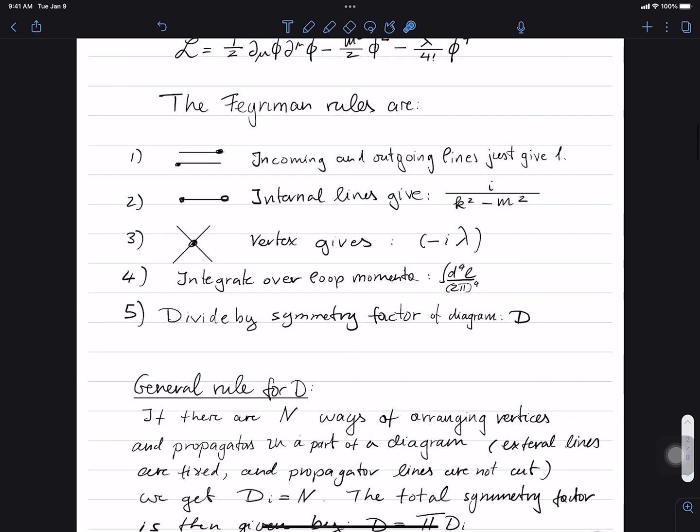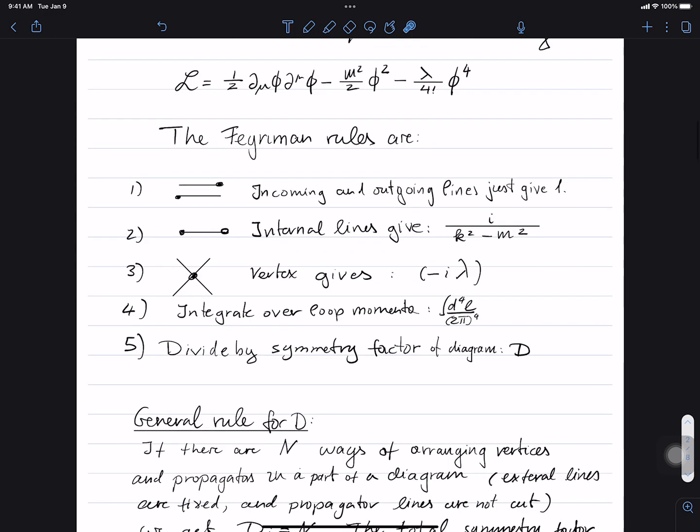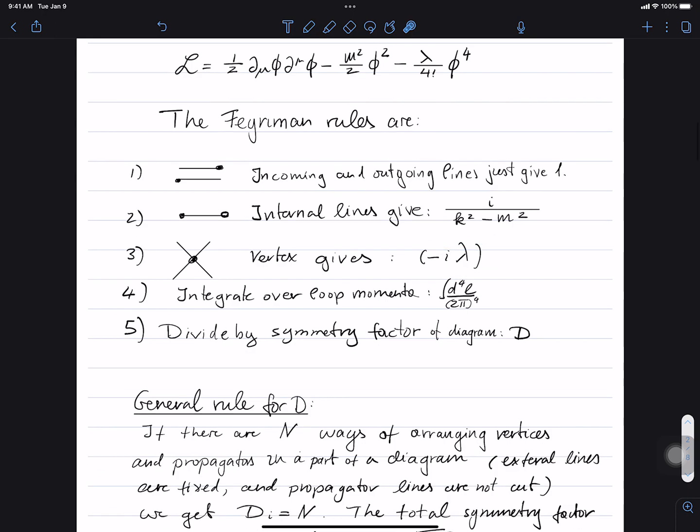The vertex gives the expected negative i lambda, where lambda is the coupling strength, and the fact that one can exchange these four possibilities in an arbitrary way in each vertex. So every diagram comes with a factor of 4 factorial that cancels the 4 factorial in the prefactor of the coupling in the Lagrangian. So the Feynman rule is just negative i lambda without any additional factors.